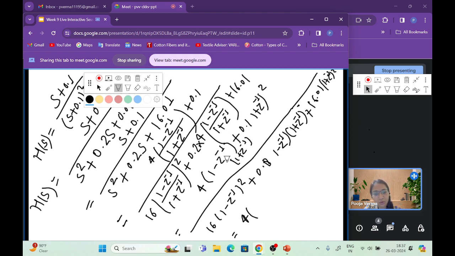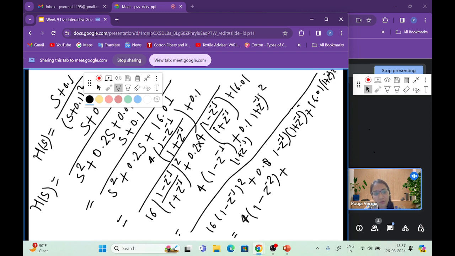Now we have to multiply, and what is left? 1 minus z to the power minus 2 only, because 1 multiplied by 1 plus z inverse and minus z inverse minus z to the power minus 2; that minus z inverse plus z inverse will be cancelled out. Only 1 minus z to the power minus 2 will be left here.